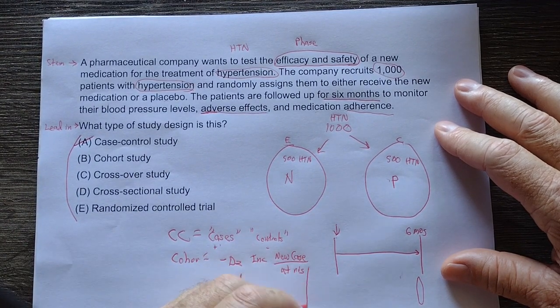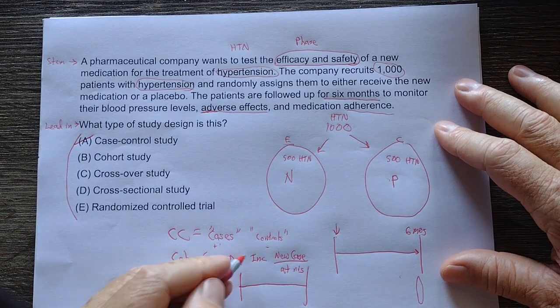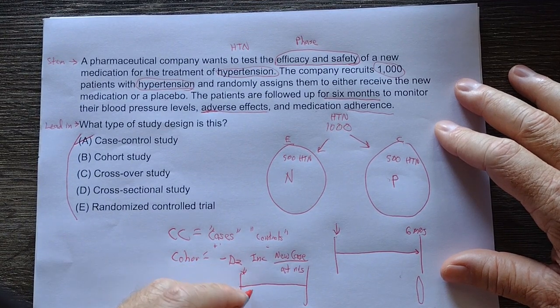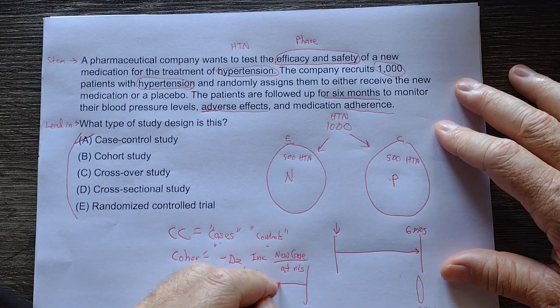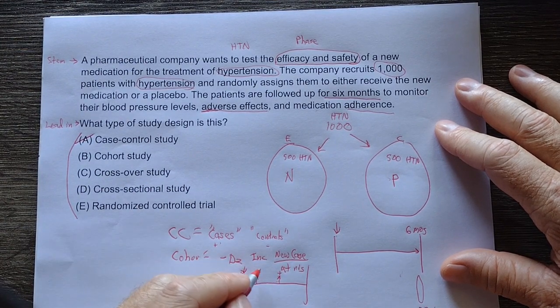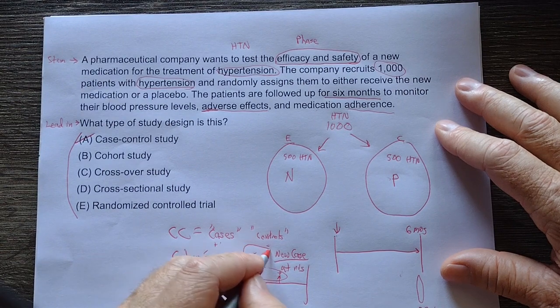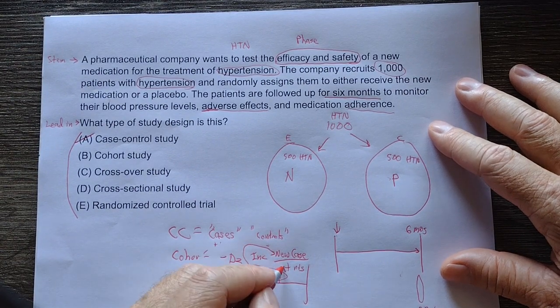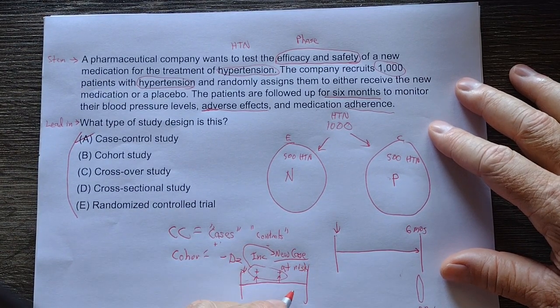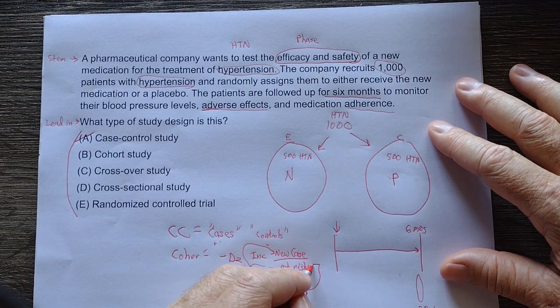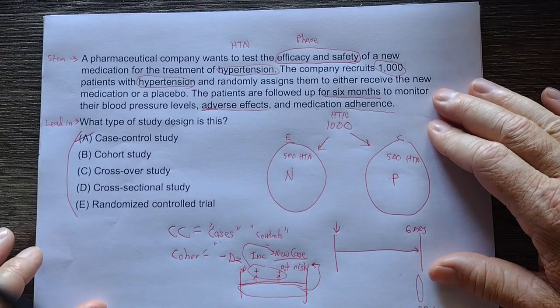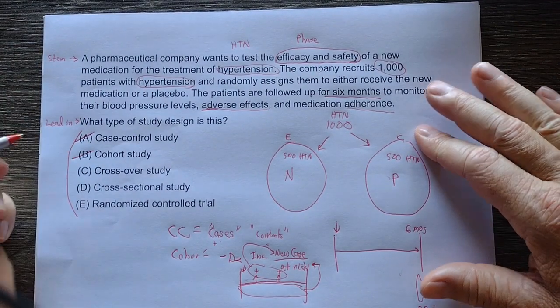Because as we follow them over time, if we start here and we follow them over time, one might get the disease, another might get the disease. These become the numerator, and then the ones that are totally at risk are the entire people that are in this population, and that becomes your denominator. So that doesn't work.